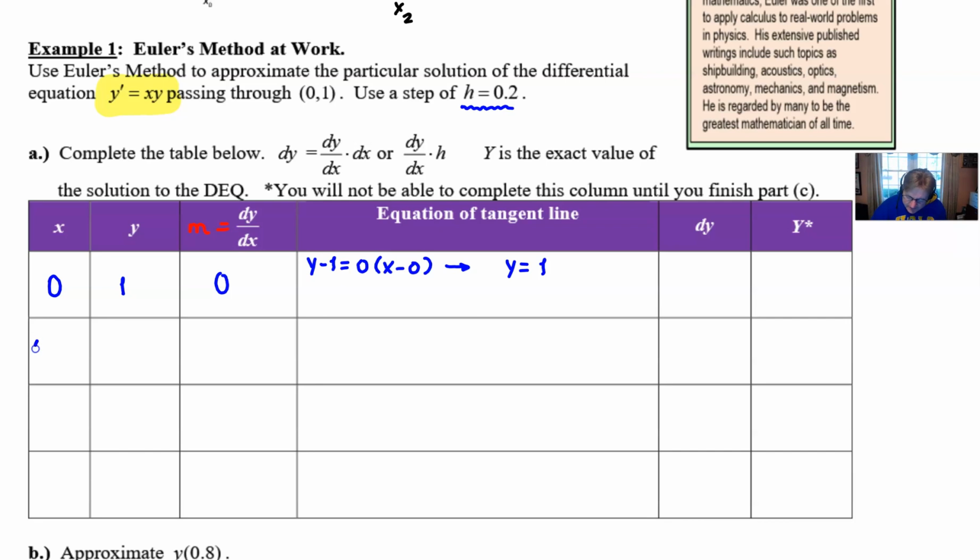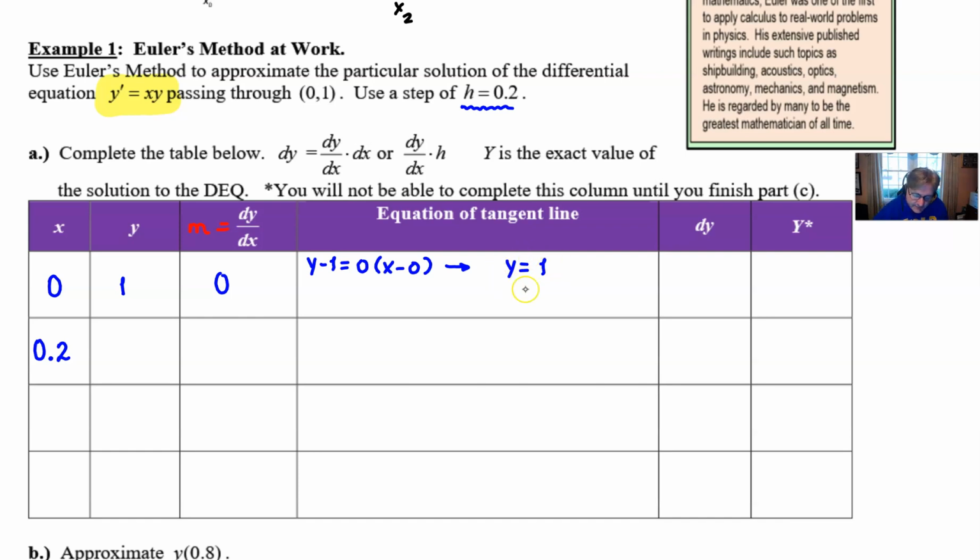So we're going to let the new x be 0.2. That's 0.2 away. That could affect what our y is going to be, because you would take that new x and plug it into the x in the equation of your tangent line, if there was one, and compute a new y.